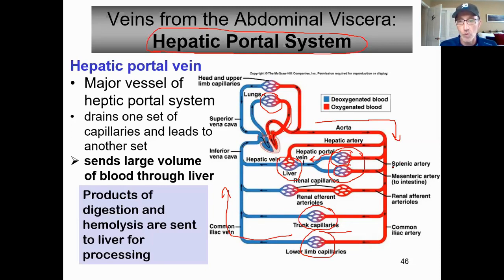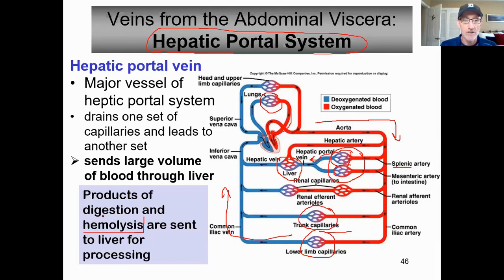Because basically what we want to do is stuff coming from the spleen. Somebody remind us, what is the main job of the spleen? It's actually on this PowerPoint slide, the answer to that question. The answer is hemolysis.